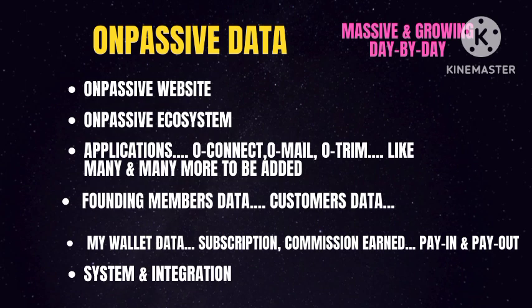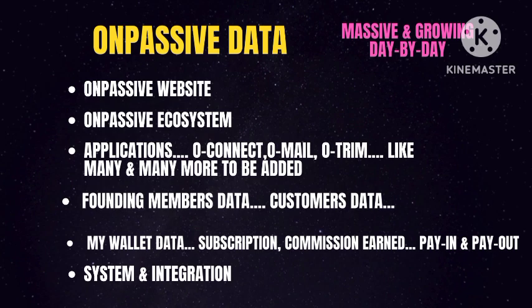Even with whatever things are there currently, there are so many things going on. So data, if you see, is the ONPASSIVE website itself. The website has a huge amount of data, let's say many product details, blogs, things like that. The ONPASSIVE ecosystem is massive, and so many things are integrated in it.